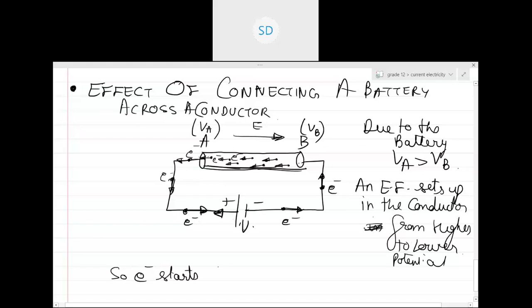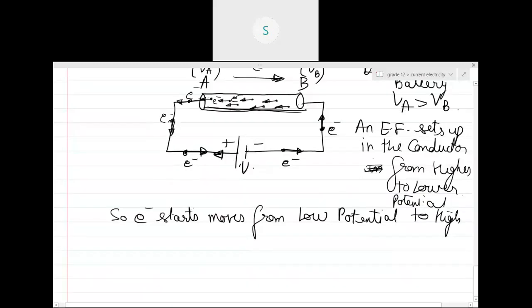Electrons always move from where to where? From low potential to high potential. Due to which we say a current has been set up in the circuit.